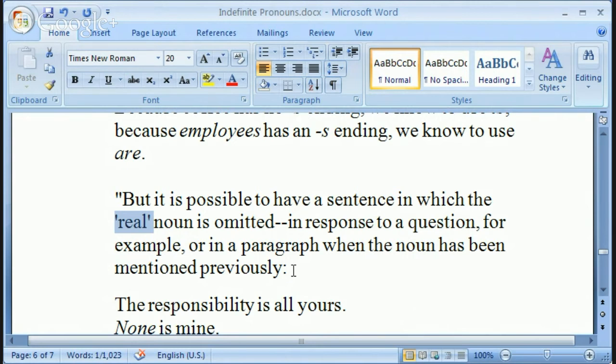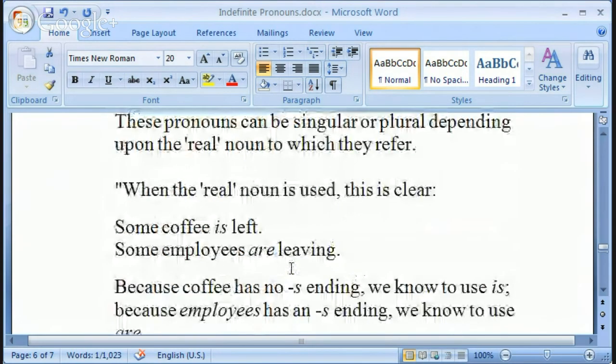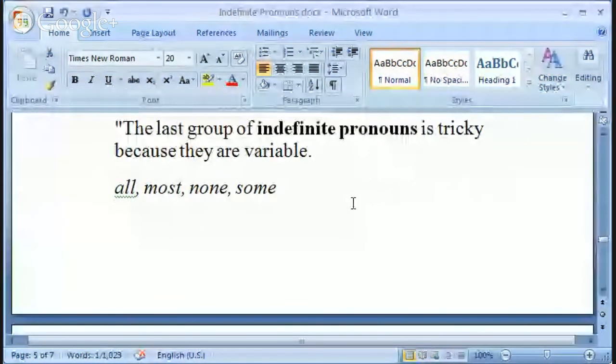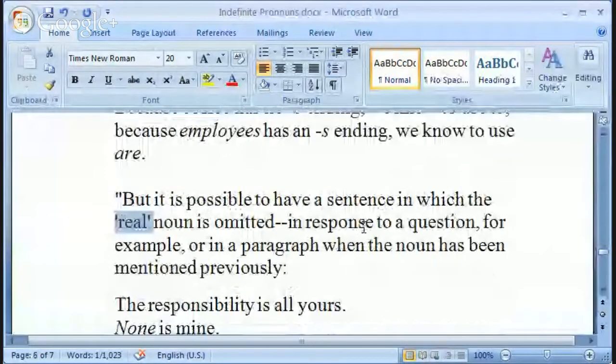Okay, Bob is late. He is always late. Oh, I can say "he" because I know he means Bob, so it's previously mentioned material. So that's what we're talking about, using one of these variable indefinite pronouns to refer to something which has already been mentioned.